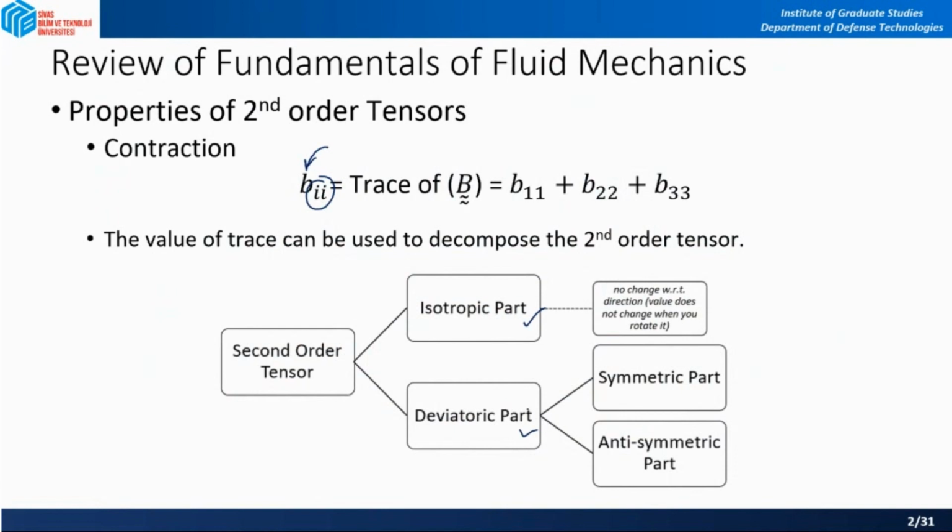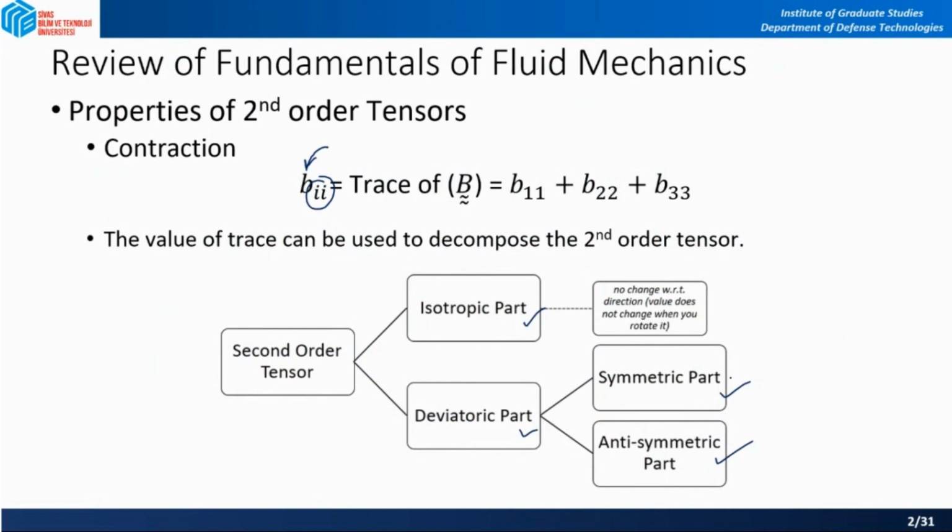And we can further decompose this deviatory part, whatever it is, it doesn't matter, it's just a second order tensor, okay? We will decompose it into a symmetric part and anti-symmetric part. And trace is needed to do that.